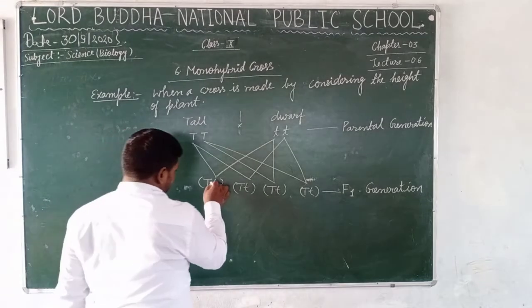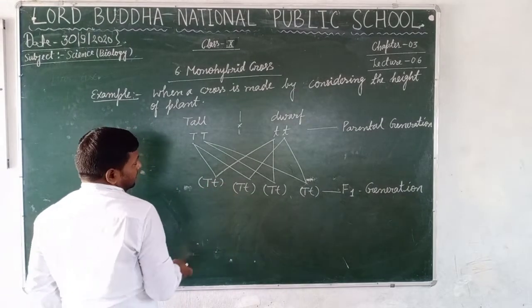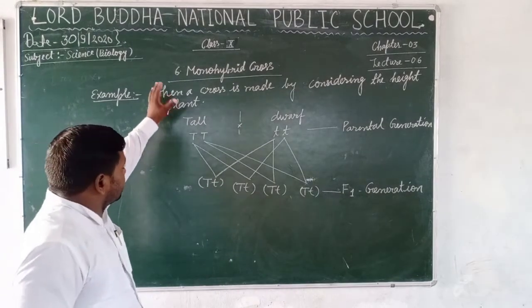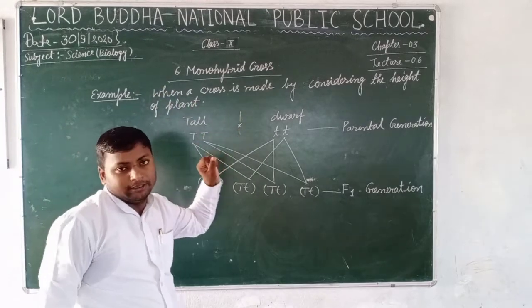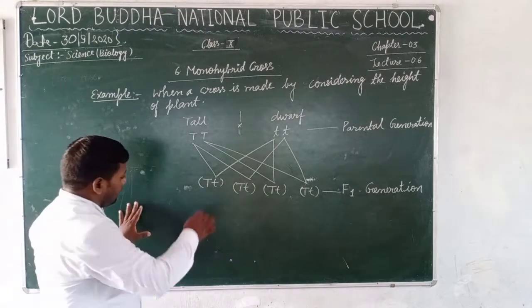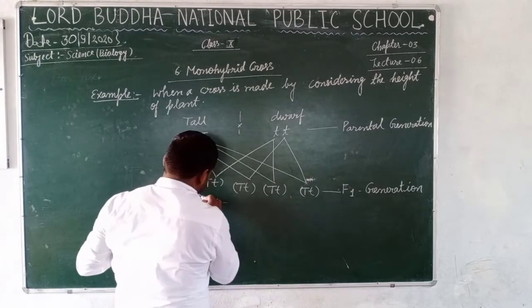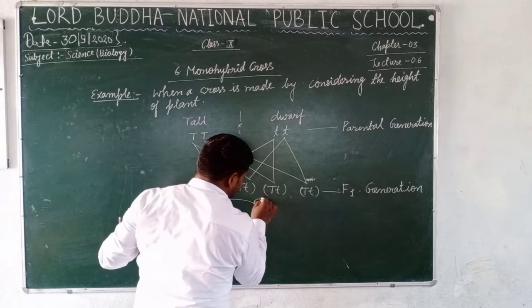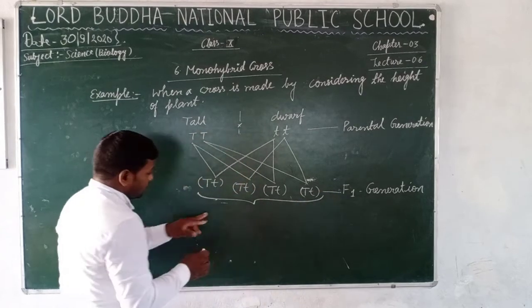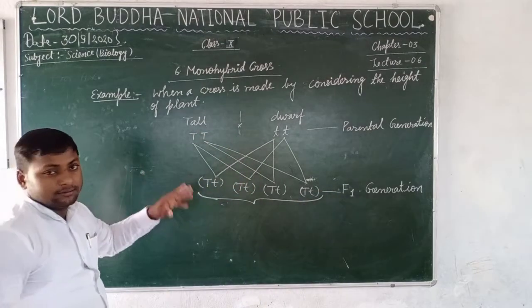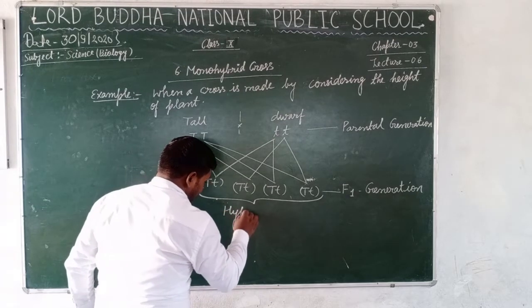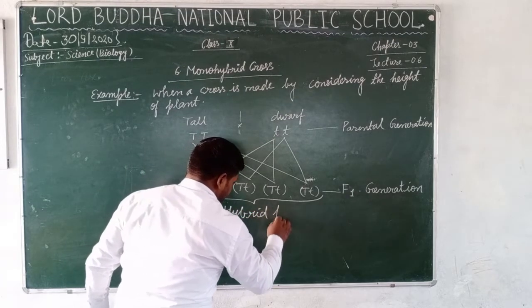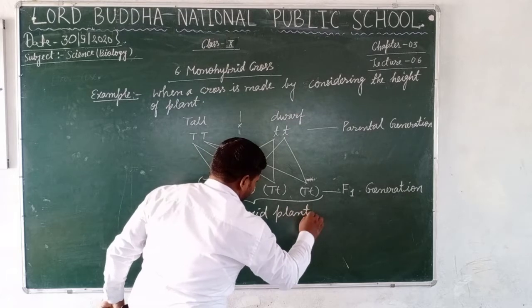So students, by the process of monohybrid cross hybridization, we obtain all the individuals as hybrid. Yes students, hybrid plants.